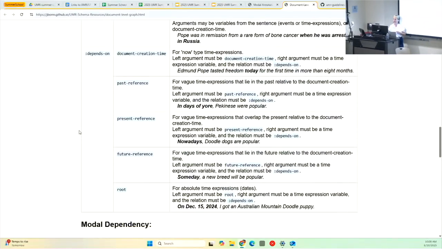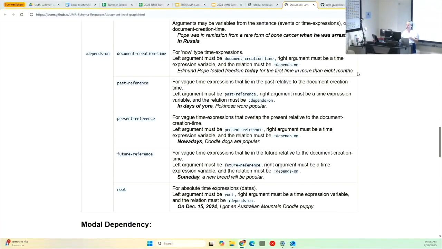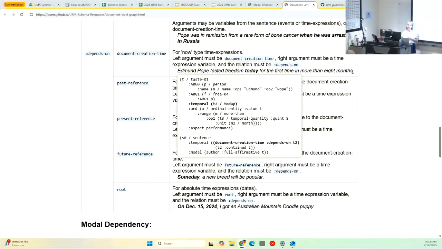How do you deal with the time expressions of duration? So there's a duration role at the sentence level. I don't think there's anything in the guidelines about trying to anchor those time expressions at this level.